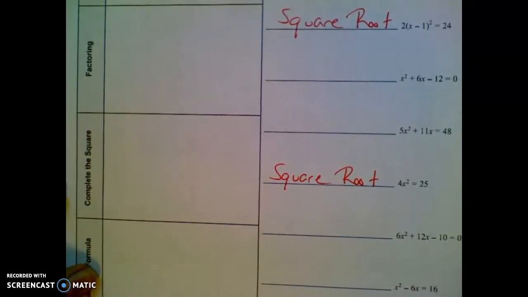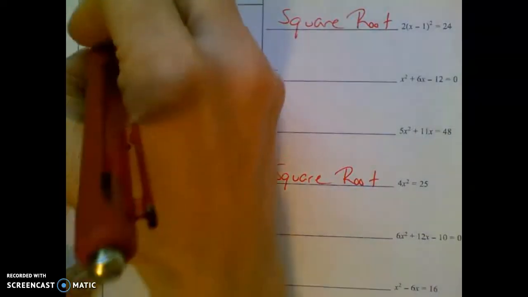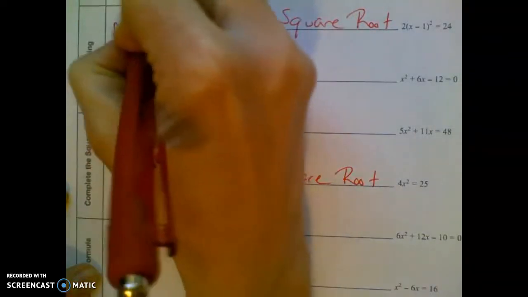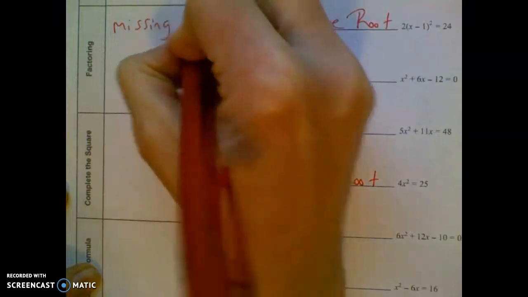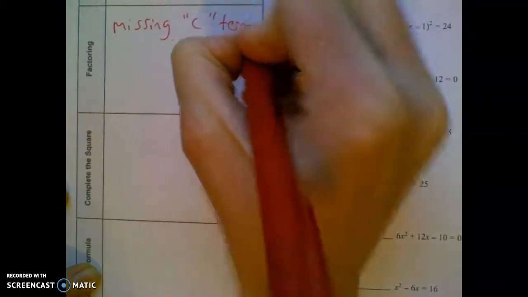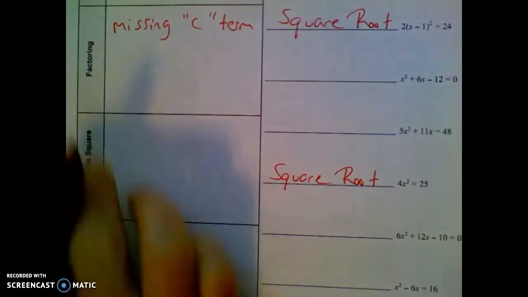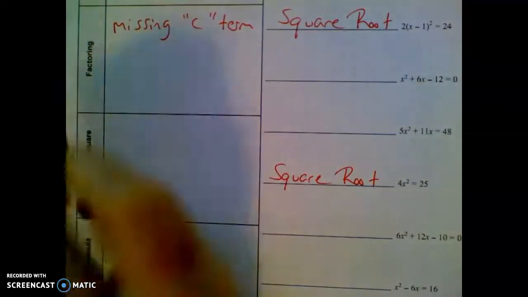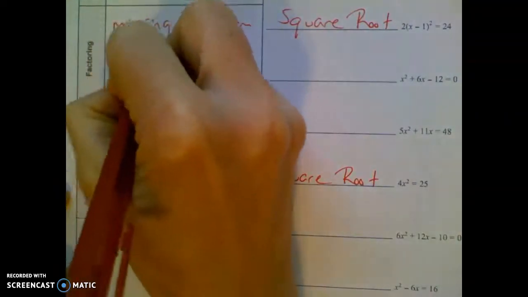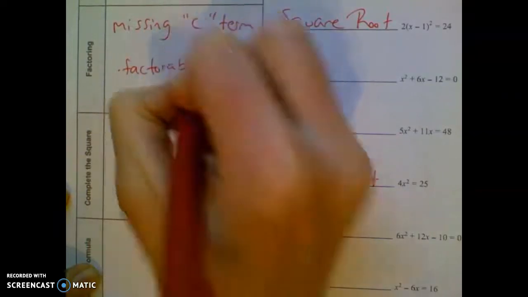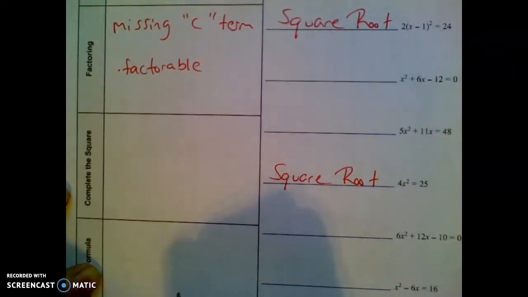All right, so factoring: if it's missing that c term, meaning it only has an x squared and an x, that's when it's super easy to factor, or, ironically enough, when it is factorable. And how do I know when something is factorable?